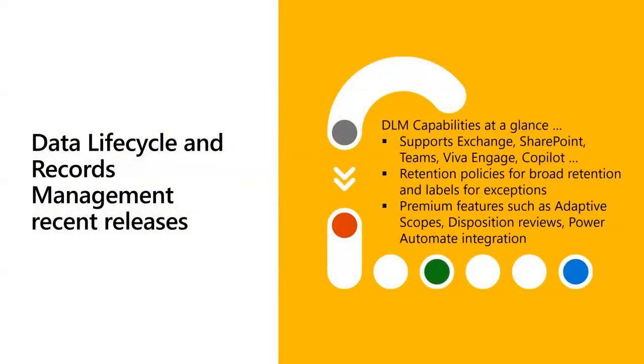Now that we have talked about what DLM RM is and what are the different use cases for which DLM RM capabilities are used, I just wanted to quickly give a glance, for people who are not familiar with DLM RM, at what sort of capabilities we present. So these are the DLM capabilities at a glance.